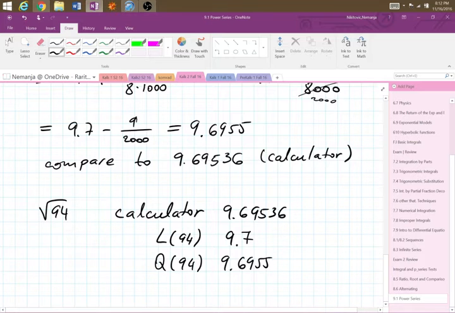F triple prime, so third derivative, computed at a, at 100, divided by 6 times x minus a to the third power. How are you choosing the denominator? It's a factorial of the number of the derivative. So you have 0 factorial, which is 1, 1 factorial is 1, and then on the second derivative divided by 2, 2 factorial, and then 3 factorial is 6, 4 factorial 24, 120, 720, and so on.